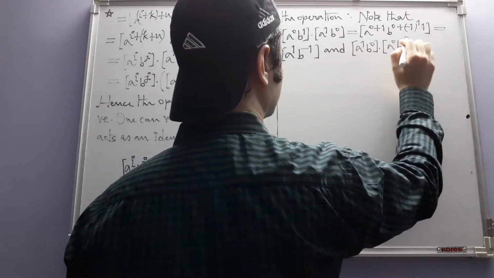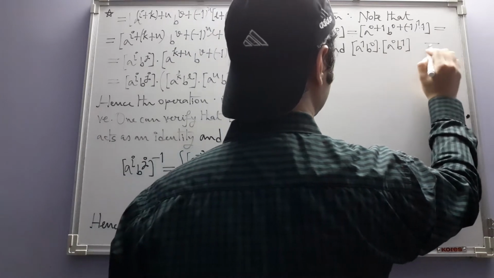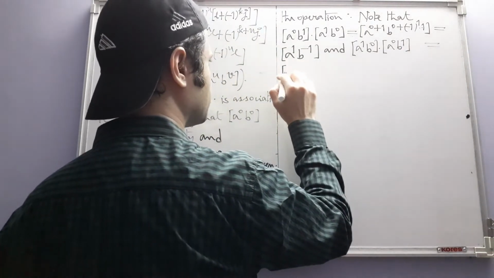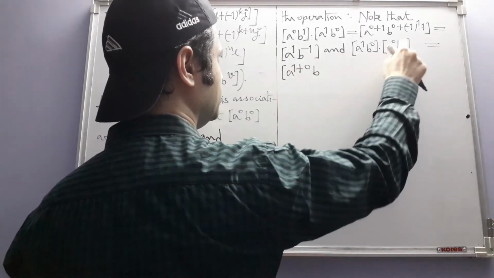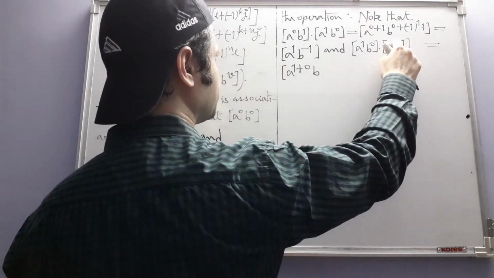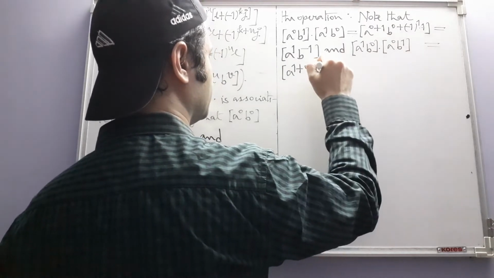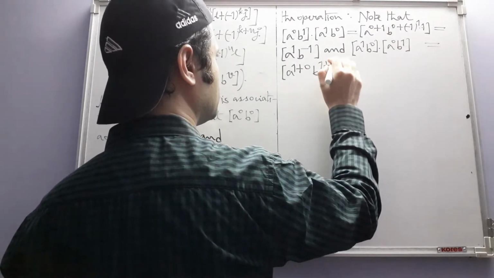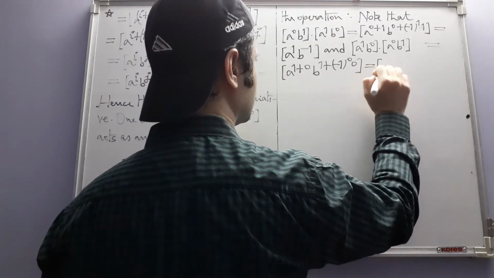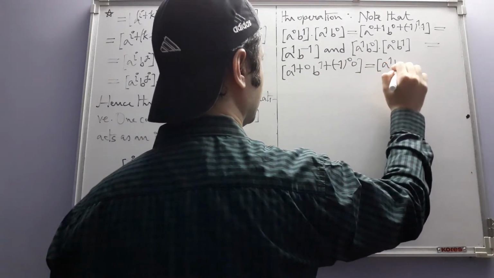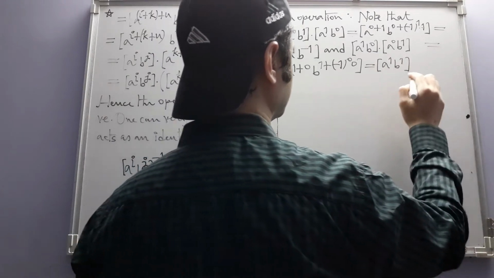A0 B1, and this becomes equal to A1 plus 0 B 1 plus minus 1 to the power 0 times 0. So this becomes equal to A1 B1.